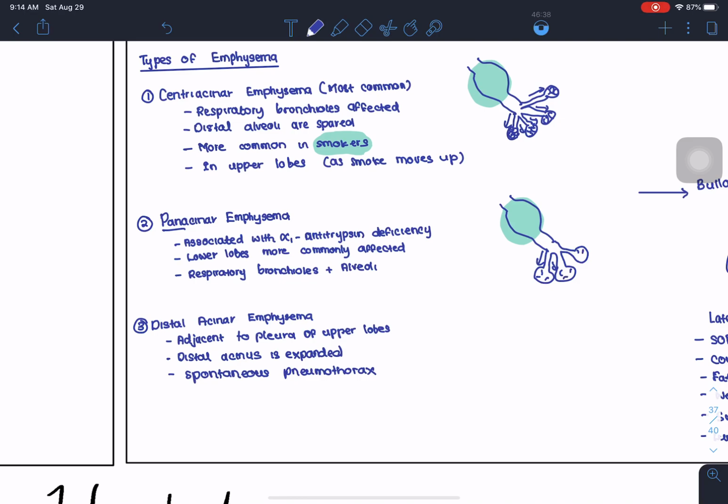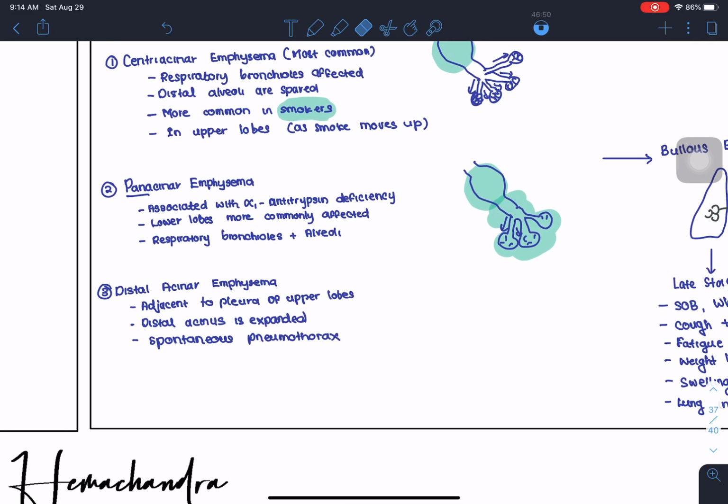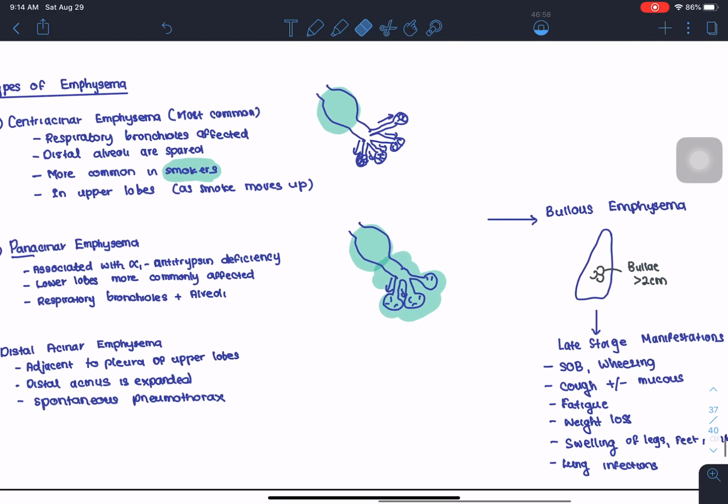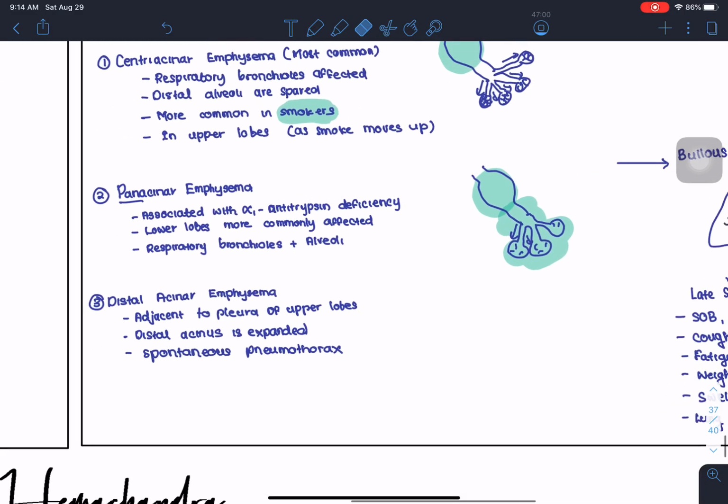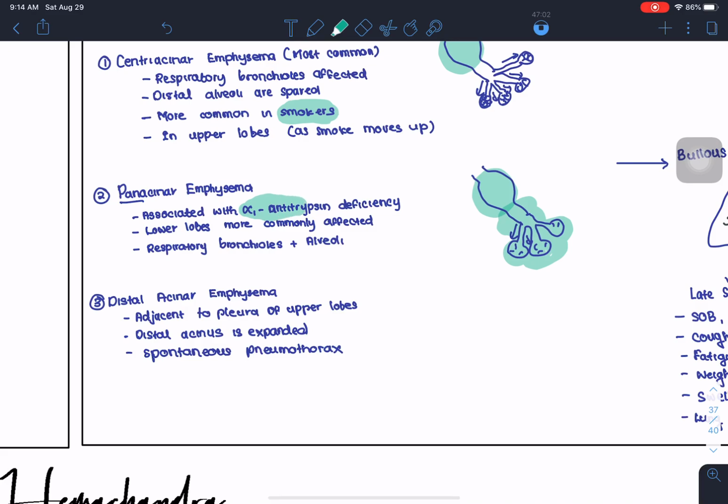So panacinar involves both the respiratory bronchioles plus alveoli. Okay. This is usually associated with a genetic defect called alpha-1 antitrypsin deficiency. You get this in smokers too, but it is related to this enzyme deficiency, and this involves the lower lobes.